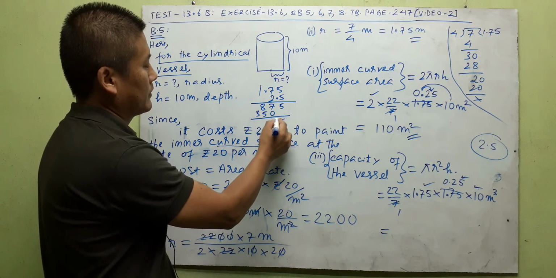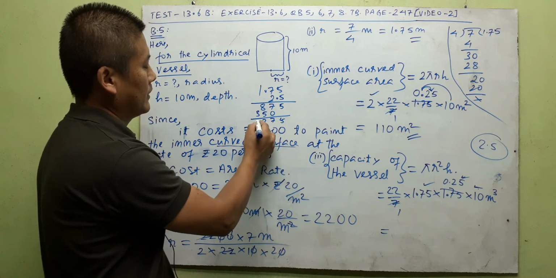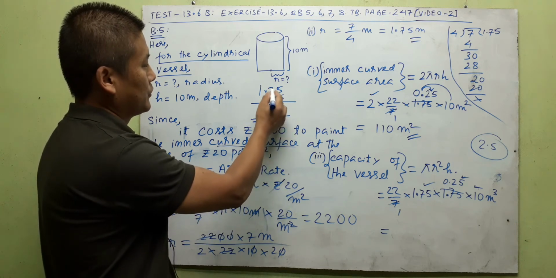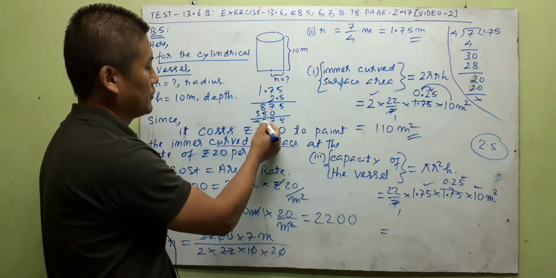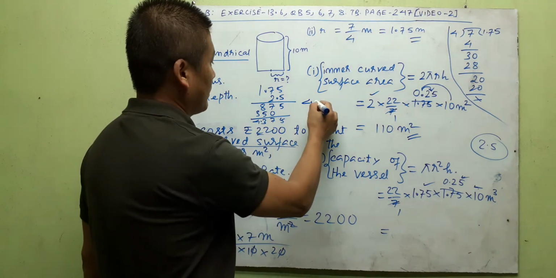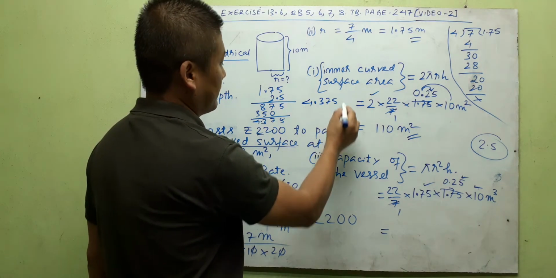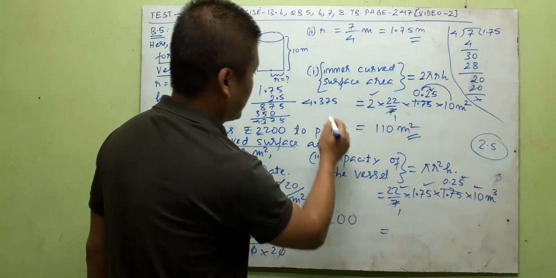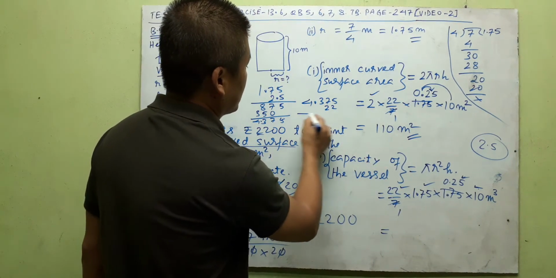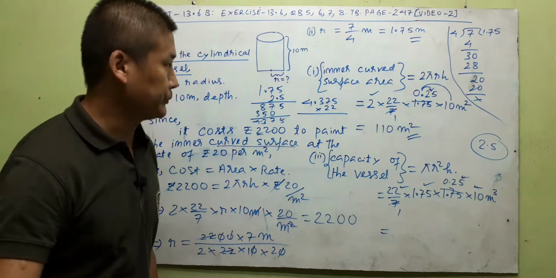So 5, 7, 13, and 4. 1, 2, 3. So right from the right, 1, 2, and 3. So we get 4.375 multiplied finally to 22 is what is going to be our answer.